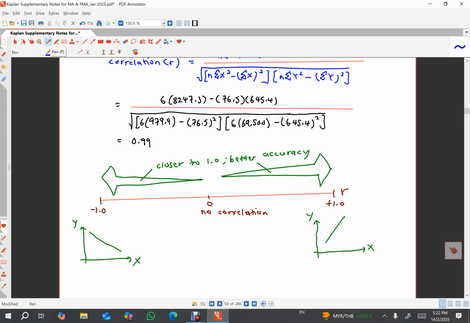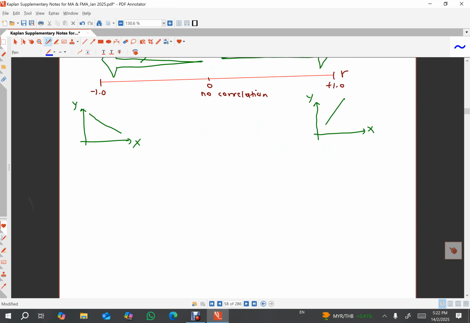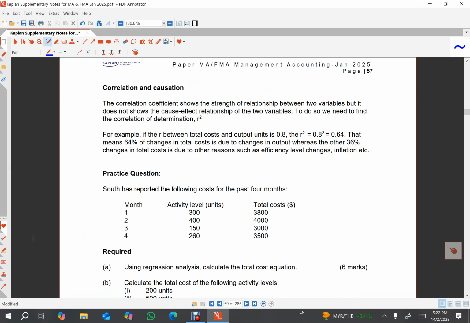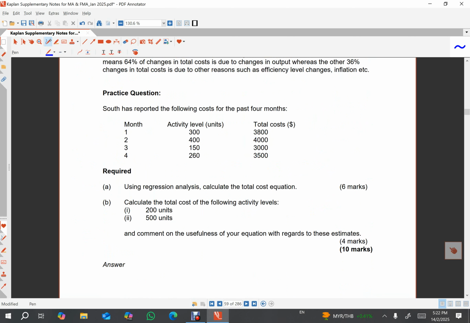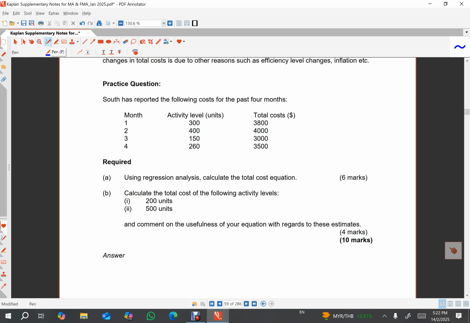Now the last part, this question here, which we intended to do towards the end of the first lecture, but we didn't have the time because of the disturbance. So I will just finish this off for you. South has reported the following costs for the past 4 months: activity units and the total cost.